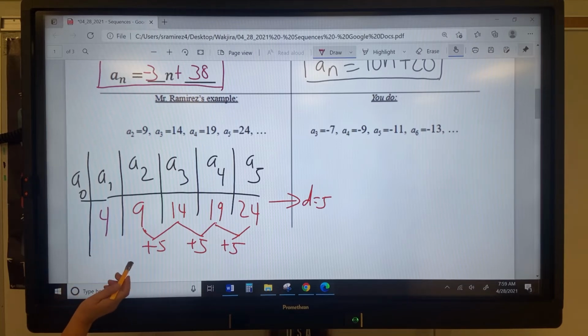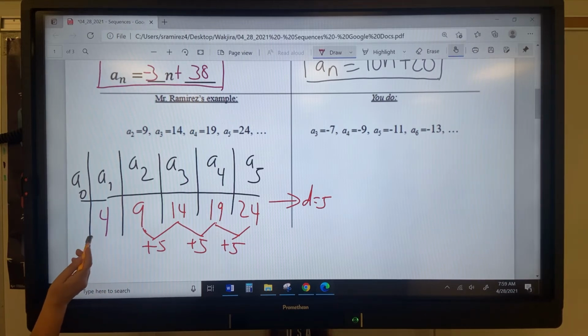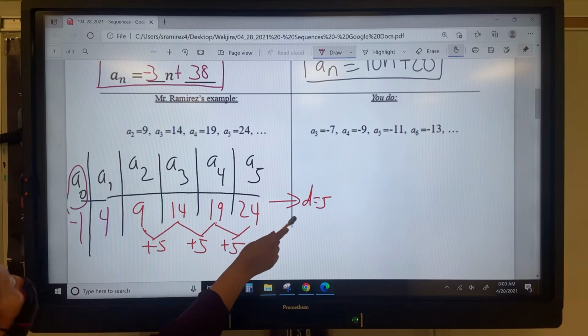Then from 4 we subtract 5, that will give us negative 1. That is our a sub 0. The only thing we need is a sub 0 and D.